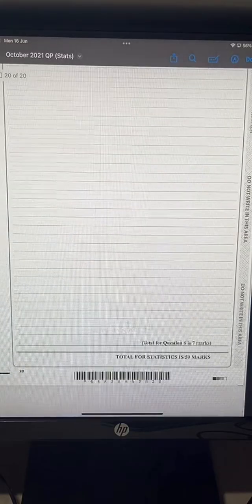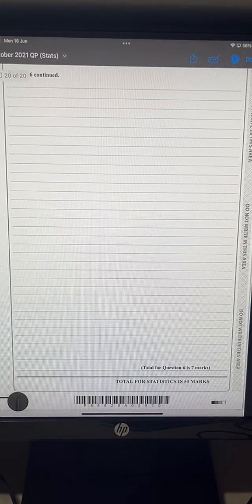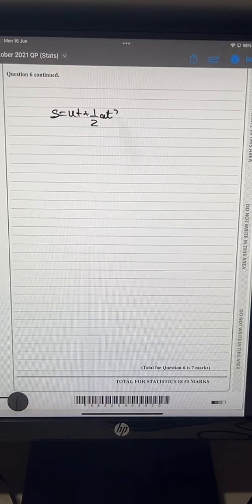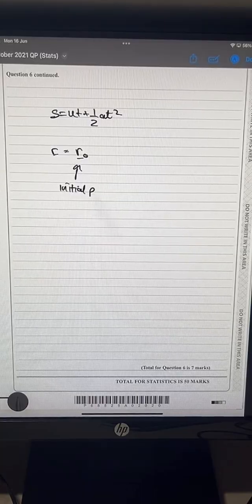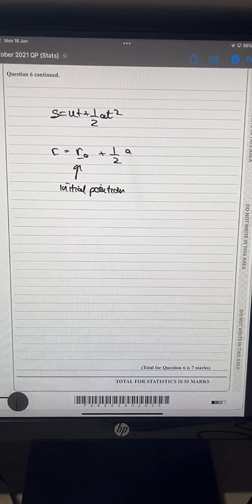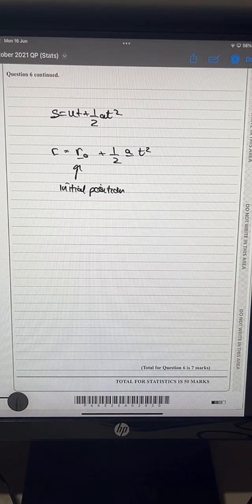Yeah, so position vector formula, you need to remember. If we're doing S equals UT plus half AT squared, or any other, then for R, you need to have the initial position, and we need this as an offset. Plus half AT squared. I put these under the vectors. Sorry, plus UT, my bad, I forgot that.